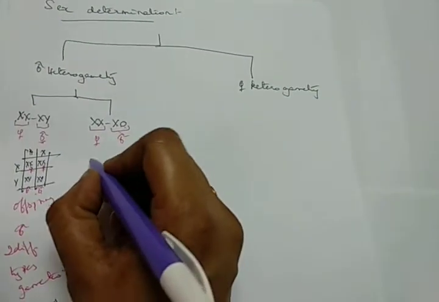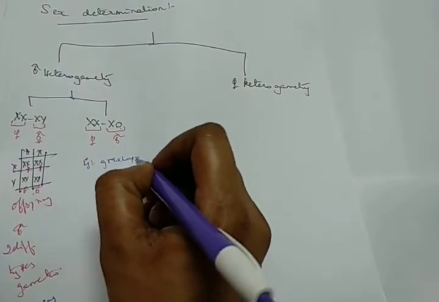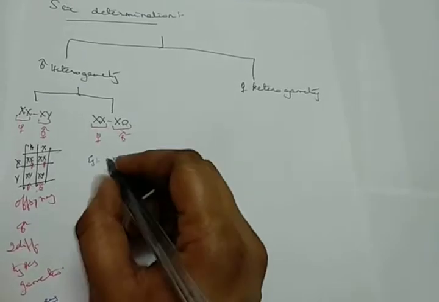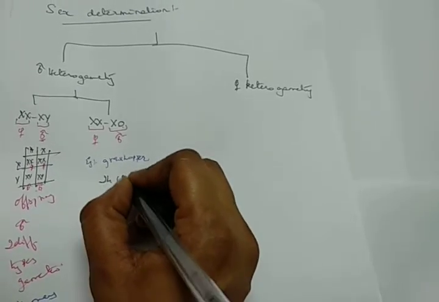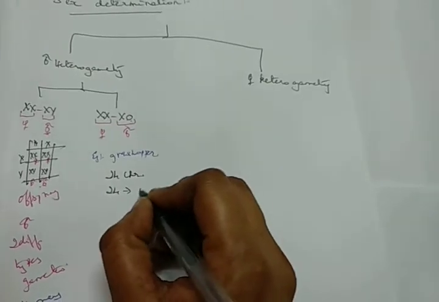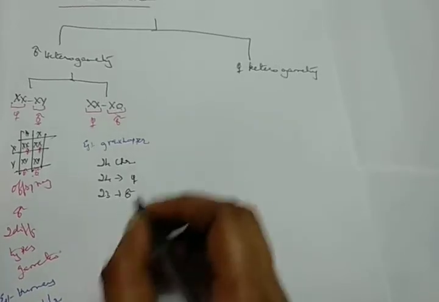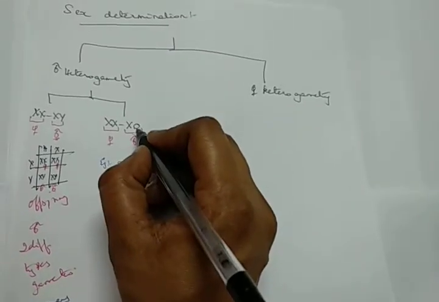You can take the example of the grasshopper. In a grasshopper, they have 24 chromosomes. So 24 chromosomes will be present in the female and the males are going to have only 23, because one, they do not have any chromosome at all.